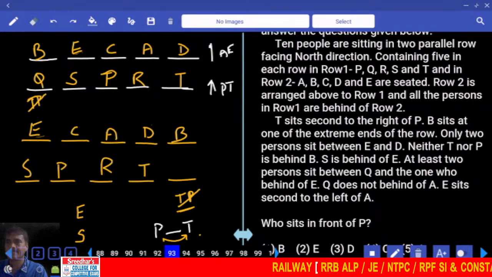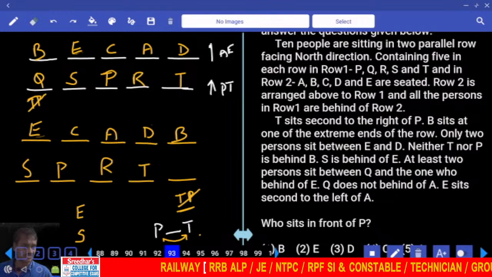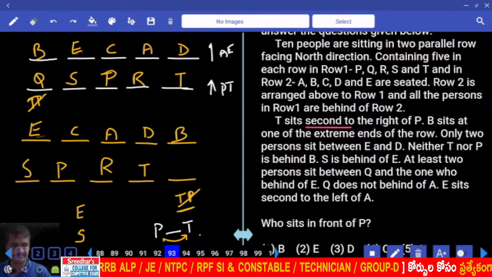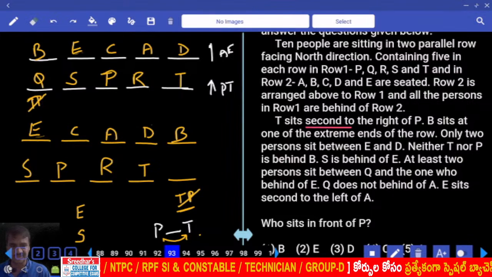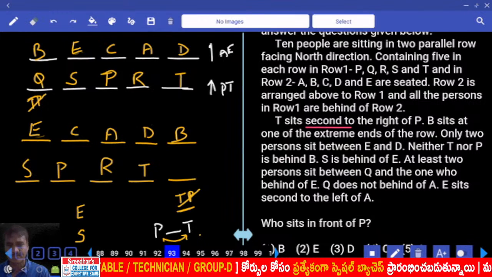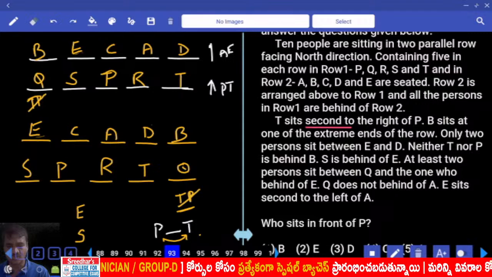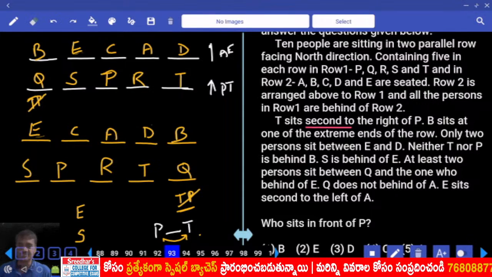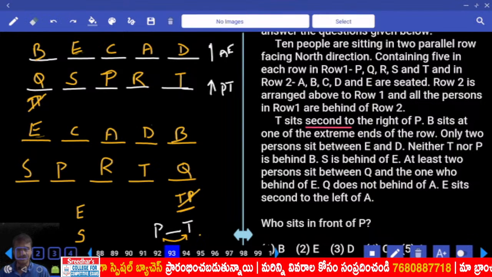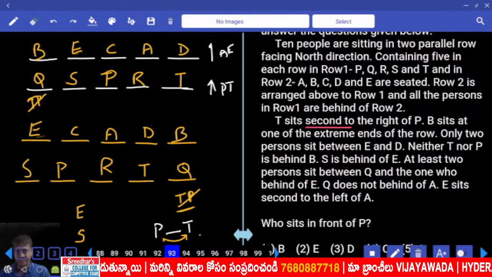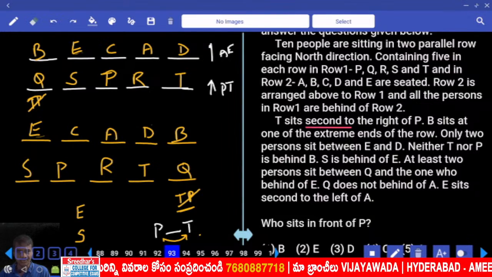Done? Then check out the conditions once again. T sits second to the right of P, and B sits at one of the extremities. Next one, only 2 persons between E and D. And neither T nor P is behind B. Behind B, T and P is not there, Q is there.